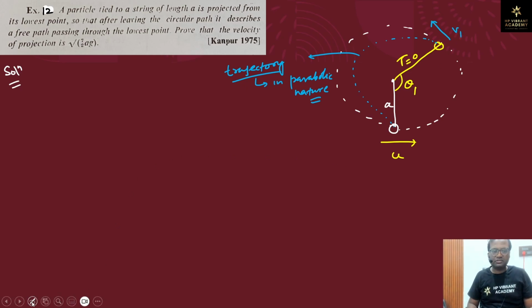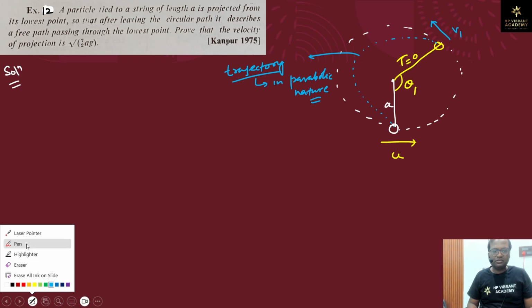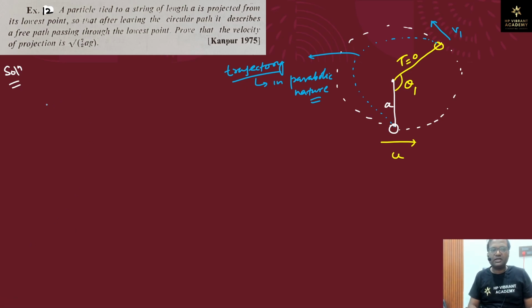Let us write down the equations of tension and velocity at a random point.